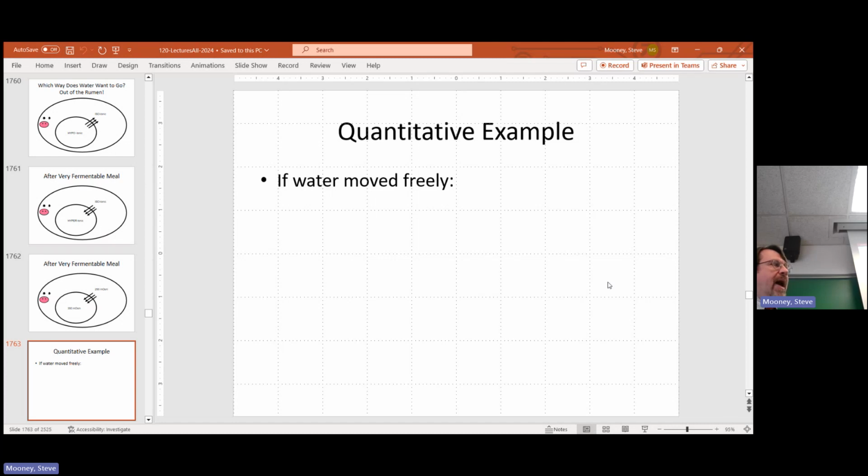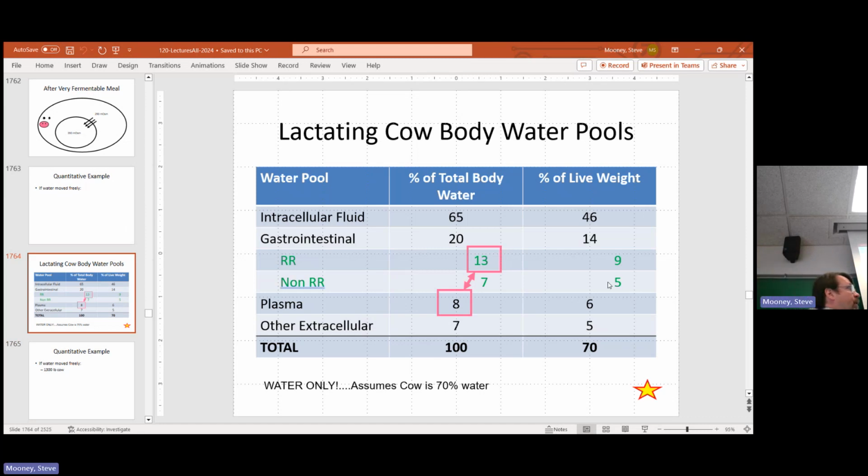If water were allowed to move freely in this scenario, which it starts to do, we run into problems. So remember this diagram here? We've got 65% of the total body water inside the cells, 20% the GI. We split that out to 13 and 7.